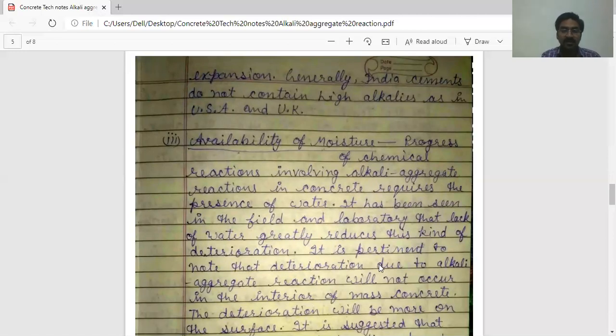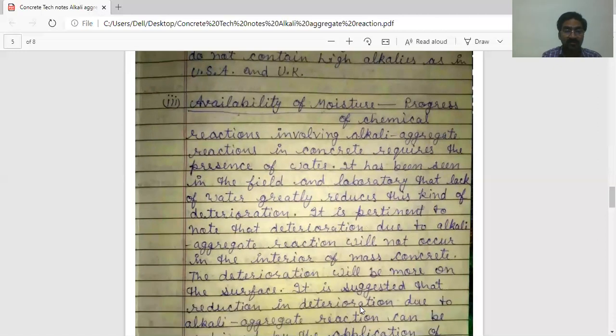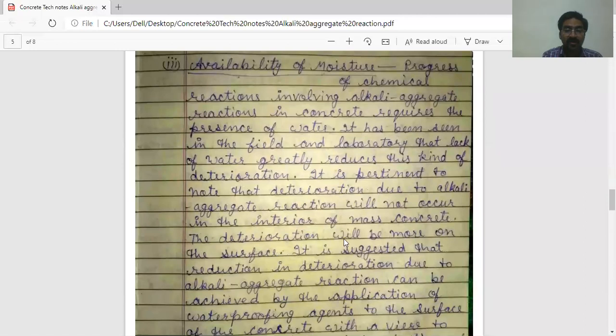It is pertinent to note that deterioration due to alkali aggregate reaction will not occur in the interior of mass concrete. The deterioration will be more on the surface of the member.